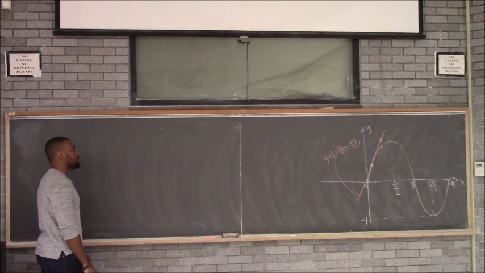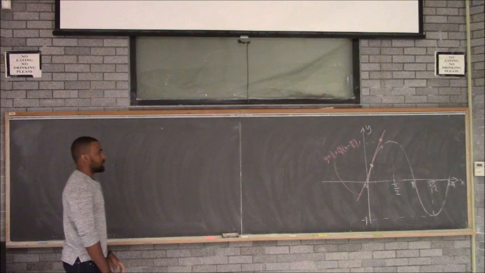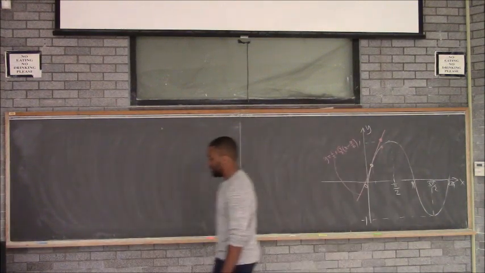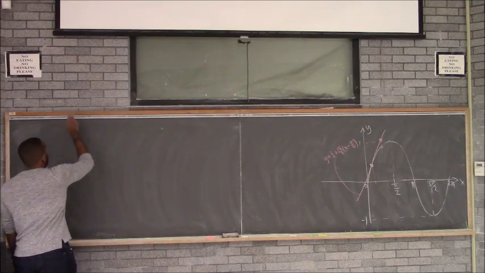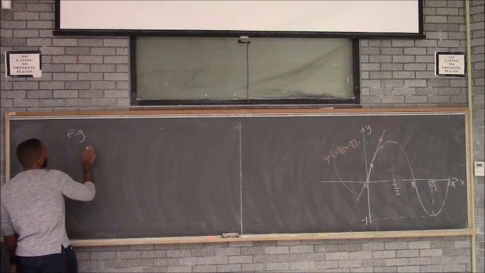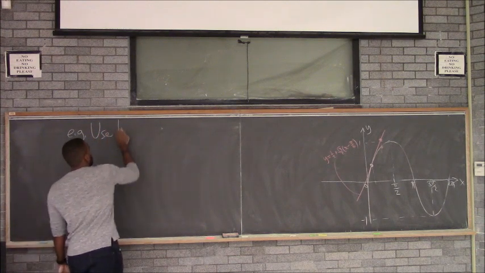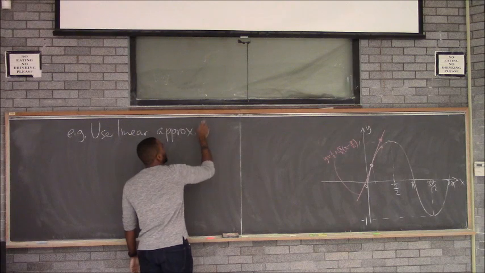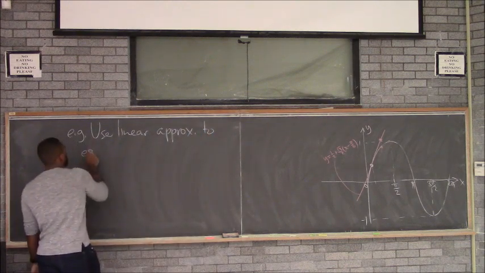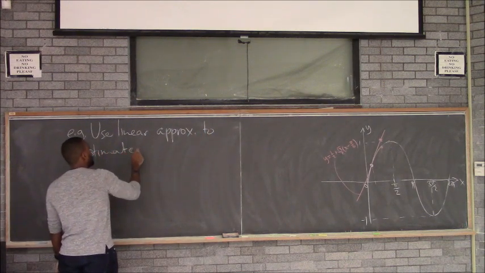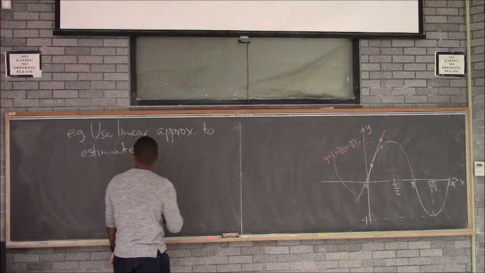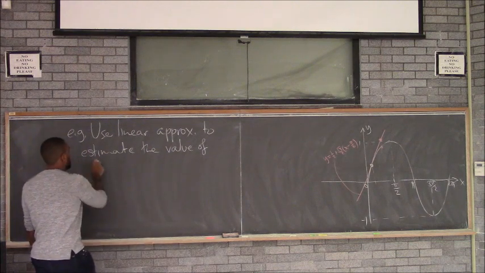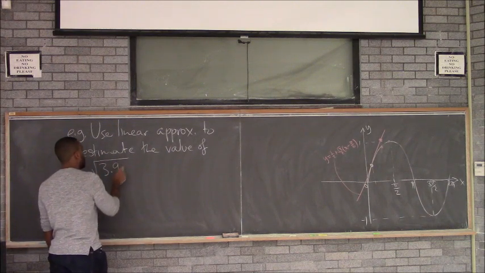Let's actually use this on something that's a little bit silly, but just to illustrate the idea and the power of this method. So, example: use linear approximation to estimate the square root of 3.9.